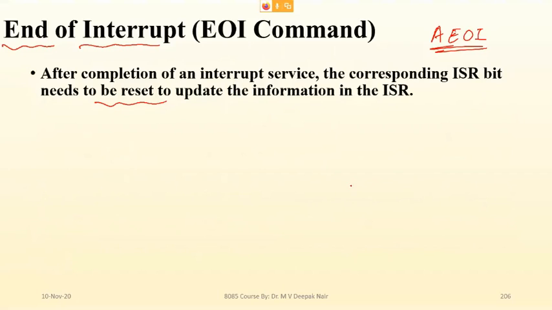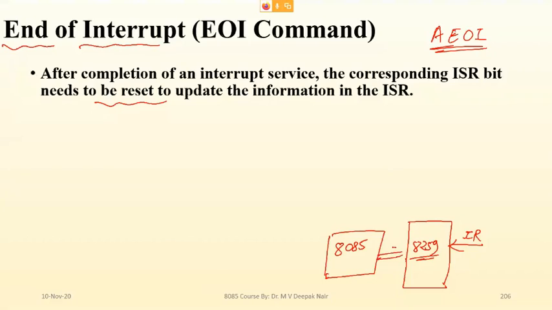Remember, when the 8259 is serving an interrupt and the 8085 is serving it, any other interrupt should not come first, or otherwise the 8085 has to manage the previous interrupt and the next interrupt depending on the priority.